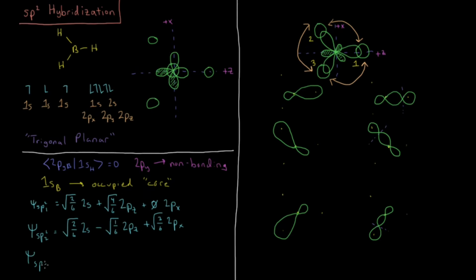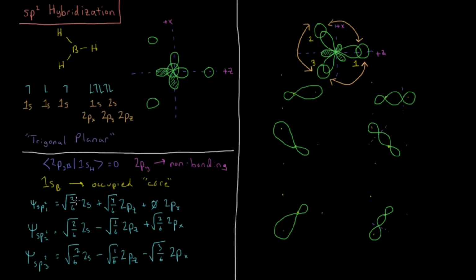And finally, our final orbital, sp2 number 3, is going to equal the square root of 2 over 6 2s, minus the square root of 1 over 6 2pz, minus the square root of 3 over 6 2px.